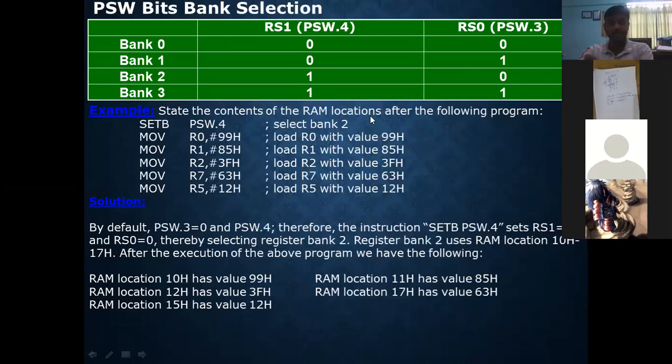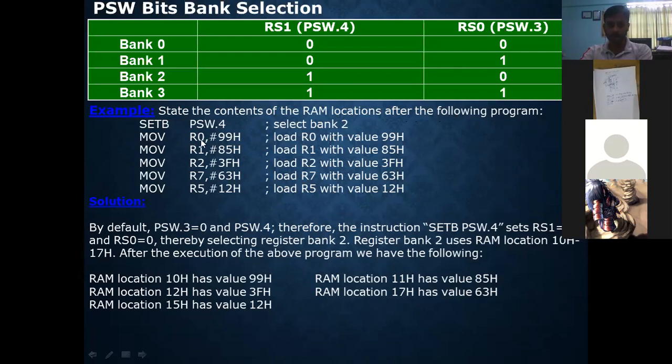Here you can see MOV R0, #99H. This means the immediate data, 99 hex, has been moved to the R0 register. Load R0 with the value of 99H. Now the question is, state the contents of the RAM locations after the following program.